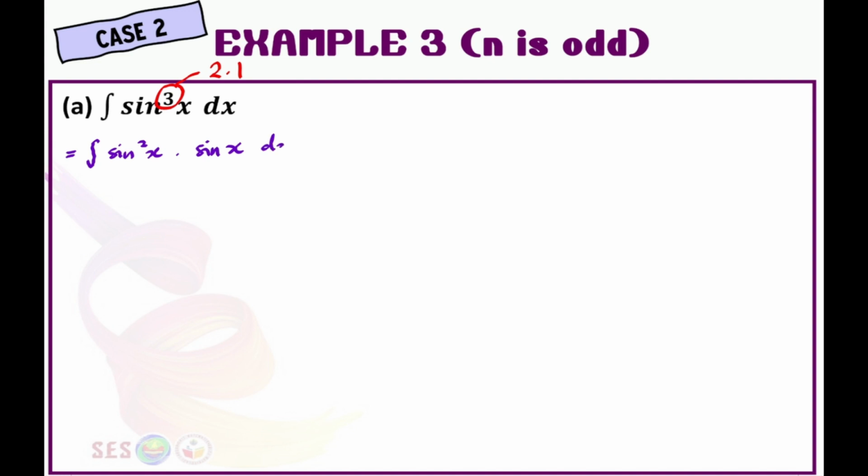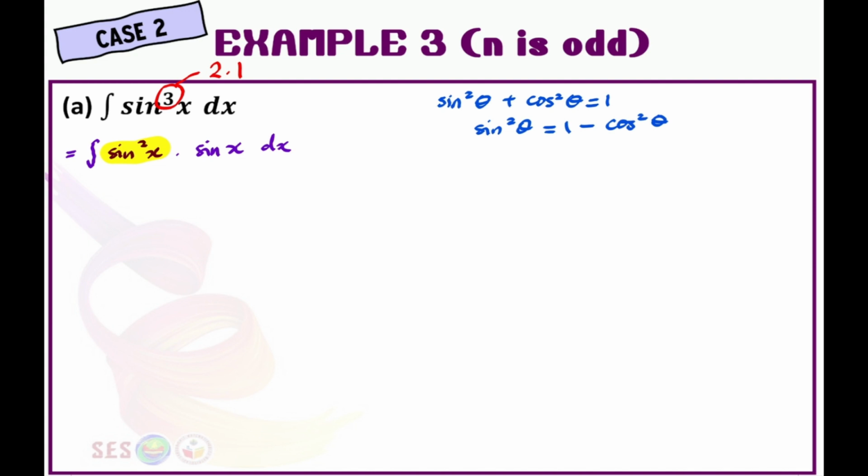Don't forget dx. For sine square x here, I will substitute my basic trigonometric identities. Remember, the identity sine squared plus cos squared equals 1. So I rearrange: sine squared equals 1 minus cos squared theta.